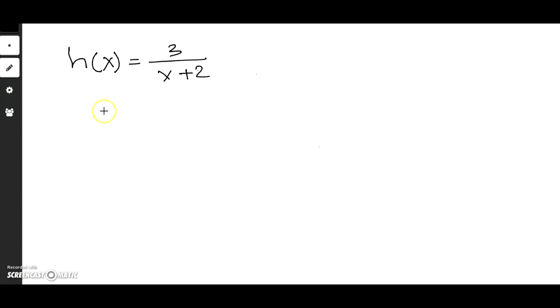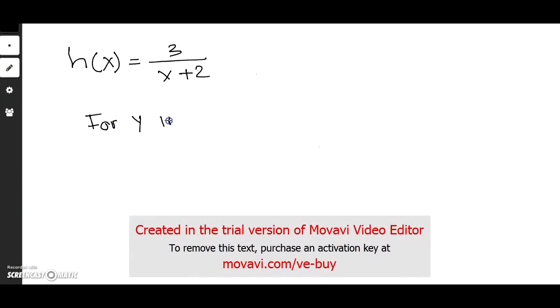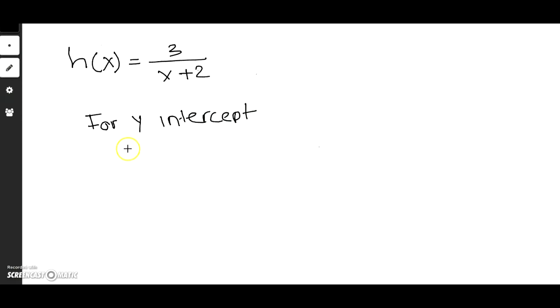For the same function, let's go for the y-intercept now. For the y-intercept, we have to put x equal to 0.